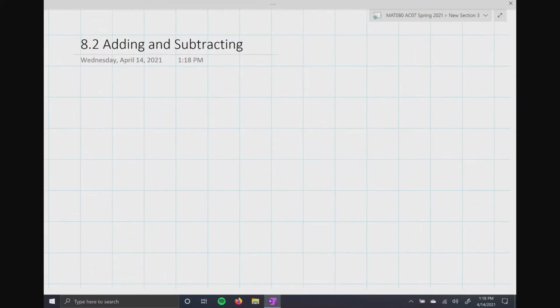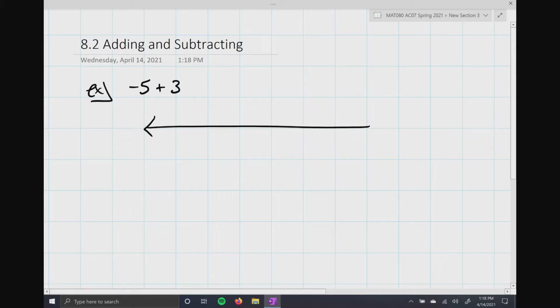All right, so earlier we saw pretty easy examples. I'll just do a different one here. Let's say -5 plus 3. So the method that we used was just using a number line.